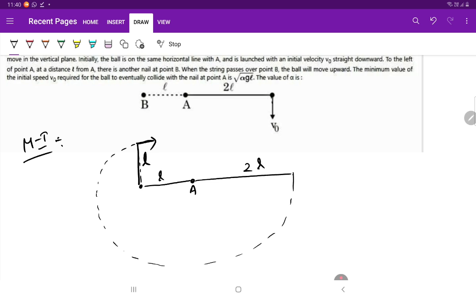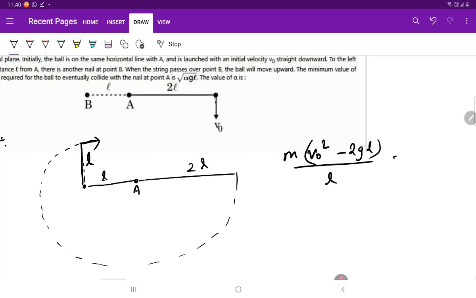It must be liable to undergo circular motion. Then you will get (m v naught square minus 2mgL) upon L is equal to mg. From here, cancelling all the terms and getting the result, v naught is equal to root 3gL.